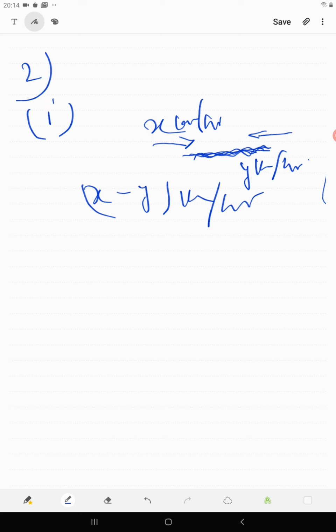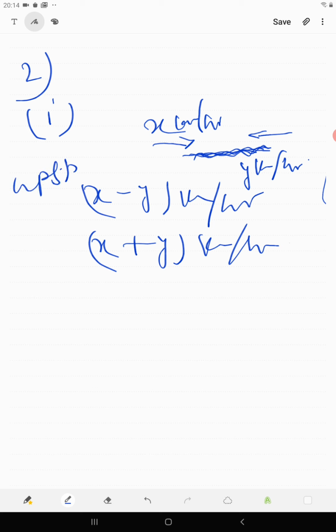Now downstream it will be changed, it will be x plus y, since I am going in the same flow as the river, so the relative speed will be boat speed plus river speed, so it is x plus y kilometer per hour. Okay, so this is very important concept.